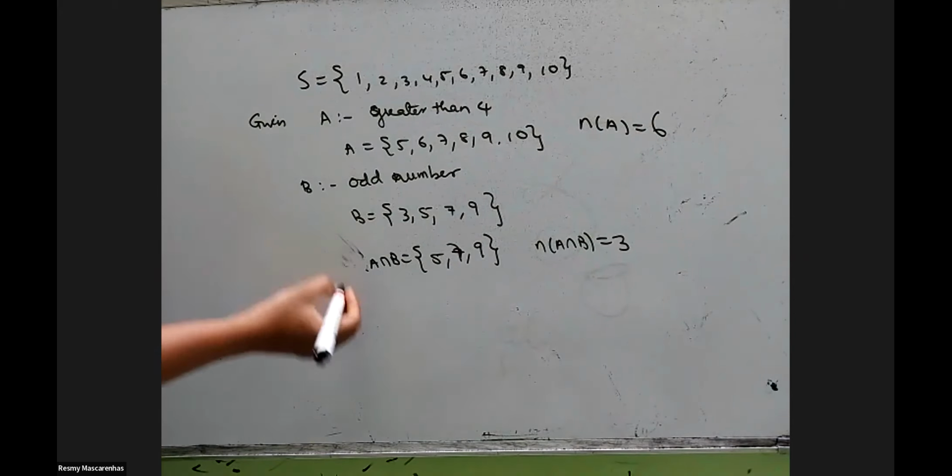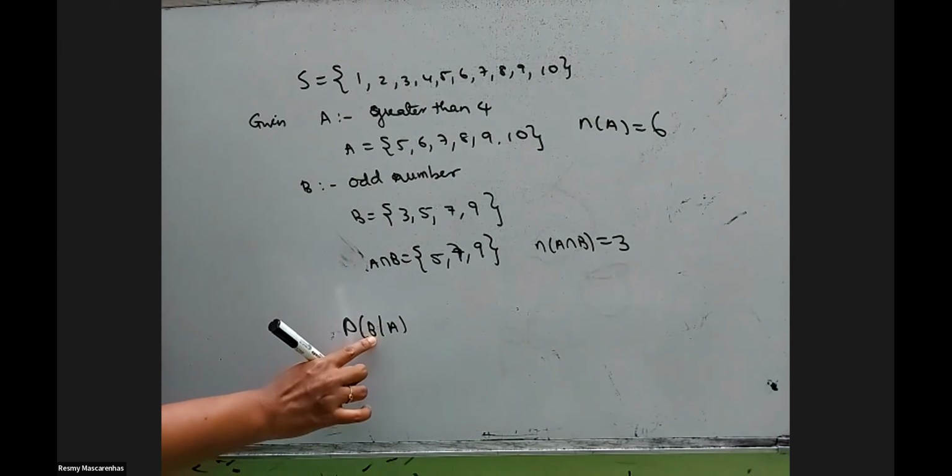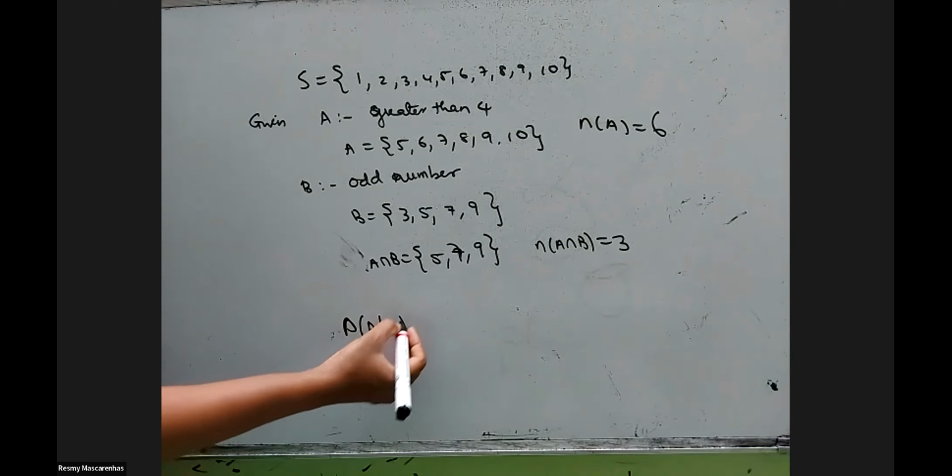To apply the formula, we have to find the probability that it's an odd number given that the number is greater than 4. How do we read this? Probability that the number on the ticket is odd given that it's a number greater than 4.